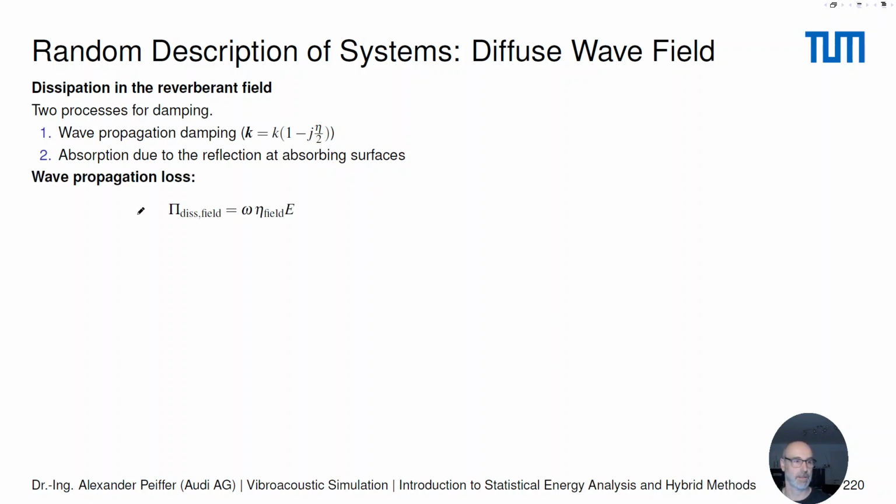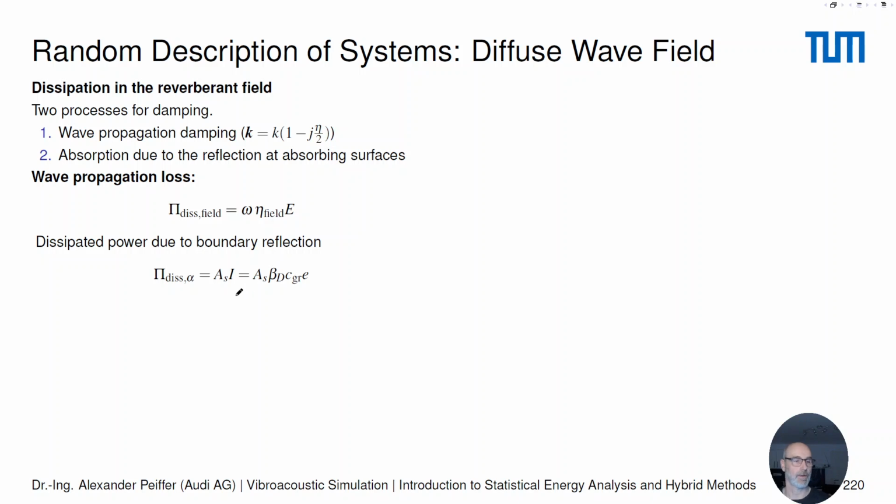How is this formulated? Again, we have the power loss, which is given by the loss factor as it was defined for the oscillator and so on. That means omega multiplied by the damping loss factor times energy. This is our definition of the damping loss factor and gives the dissipation in the field.